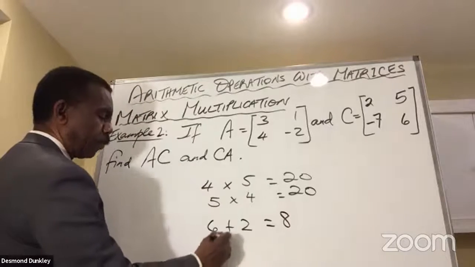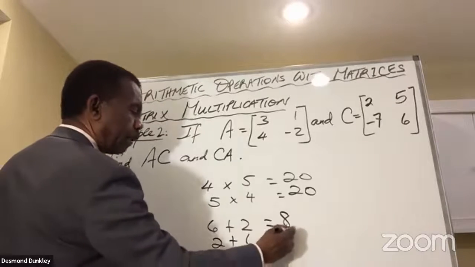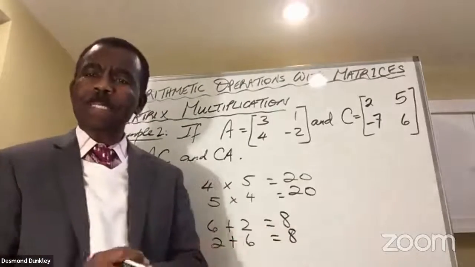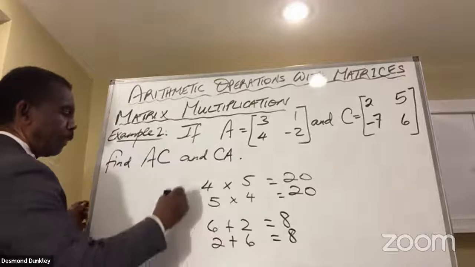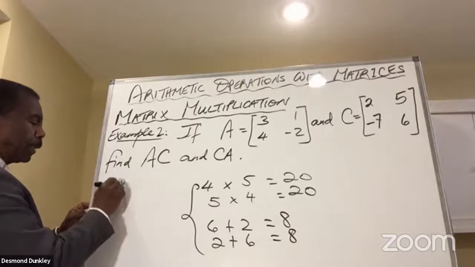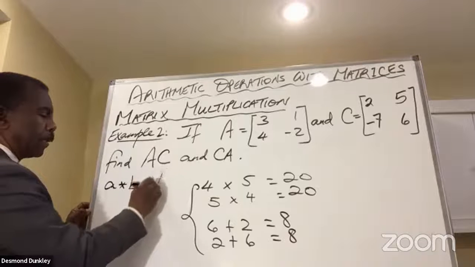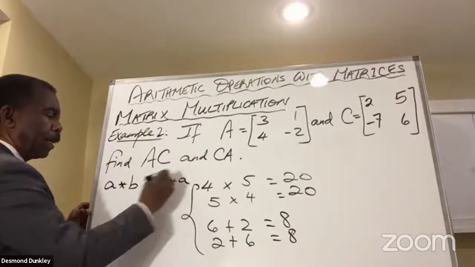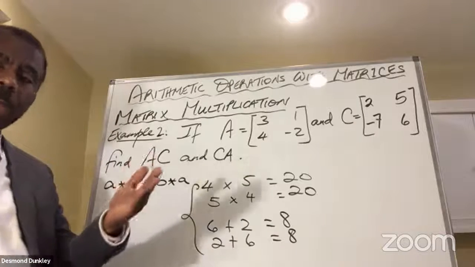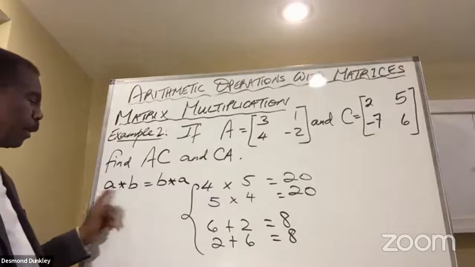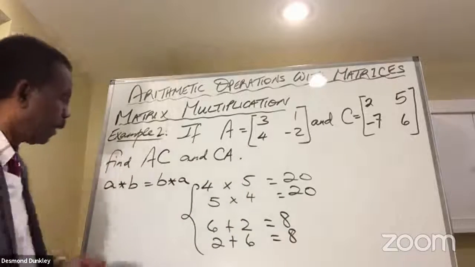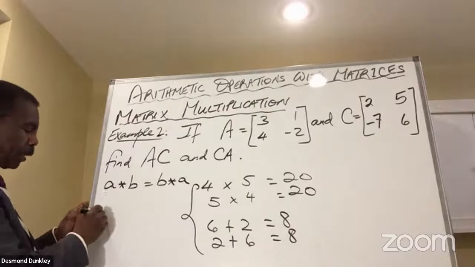If I gave you 2 plus 6, the number is 8. Again, the order is not important. Well, whenever you have these situations, if A star B is equal to B star A, where star is an operation, an arithmetic operation or whatever operation, but the order of your elements does not matter, then we say that that property is commutative.